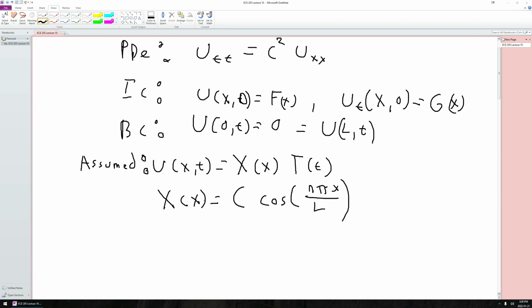And then from here, we found that our equation for T needs to satisfy this differential equation, that T double prime has to be equal to negative lambda squared, which is going to be negative n squared pi squared over L squared, times c squared times capital T.